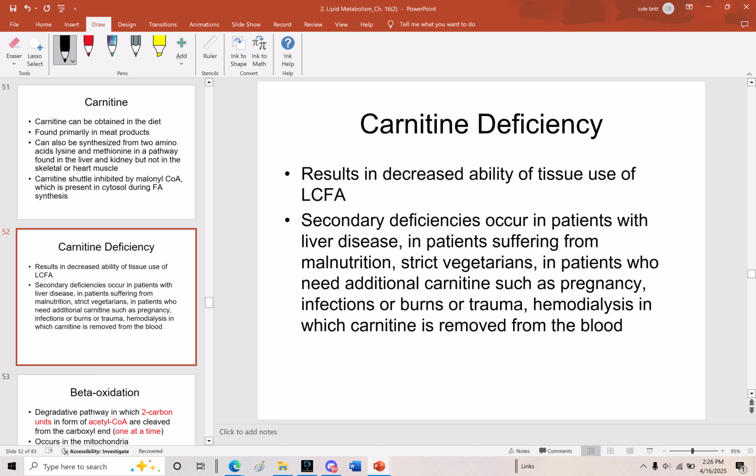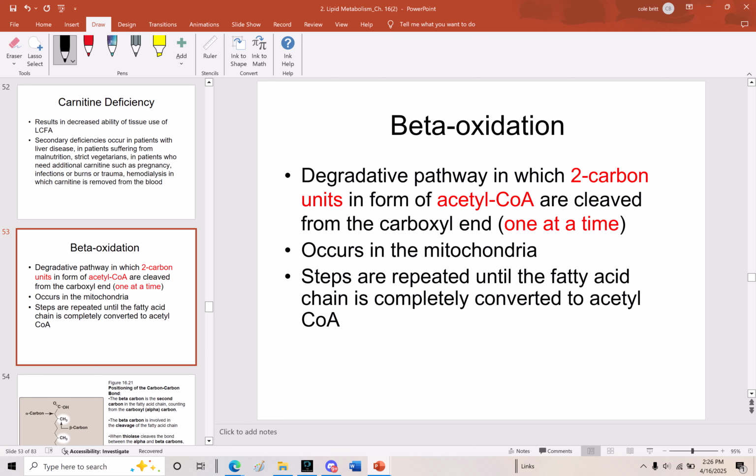Now we can do beta oxidation. It feels like I've been talking about beta oxidation, but we haven't started it yet, but now we can. Beta oxidation is a degradative, a breakdown pathway where 2 carbon units, acetyl-CoA, which keeps popping up when it comes to lipids, are cleaved at the carboxyl end one at a time.